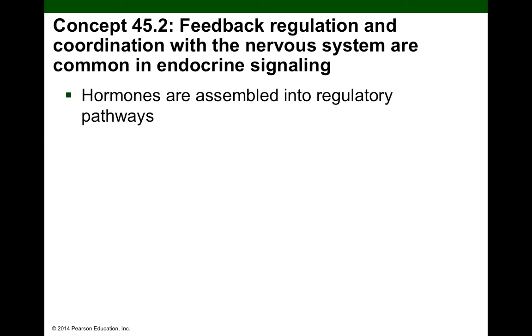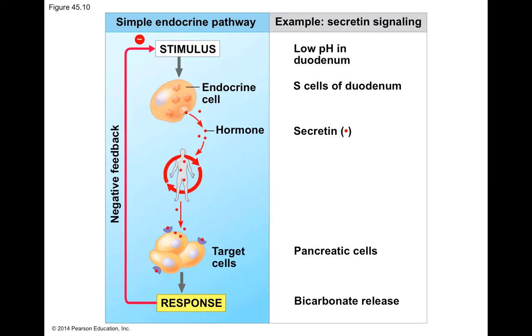Since I don't have to teach you all of the hormones, I just want to give you a general overview of feedback regulation. Here's an example of negative feedback. This is a simple endocrine pathway where a stimulus, in this case low pH in the intestine, probably when stomach contents are moving from the stomach to the intestine, will cause an endocrine cell to secrete a hormone that tells the target cell to release bicarbonate, and bicarbonate will neutralize the acid.